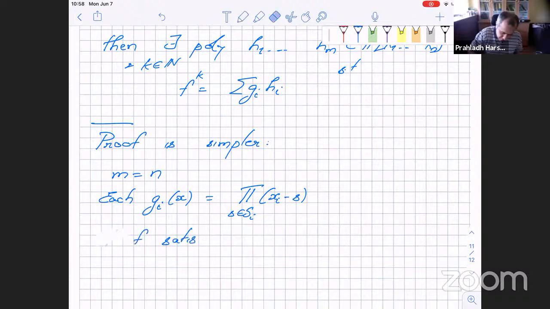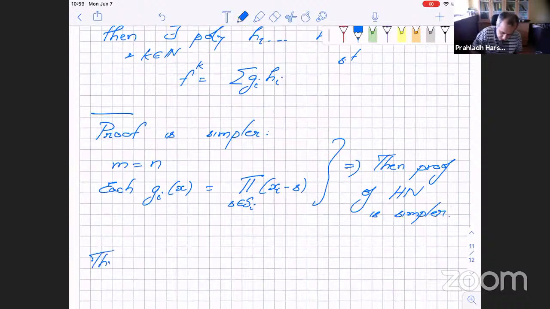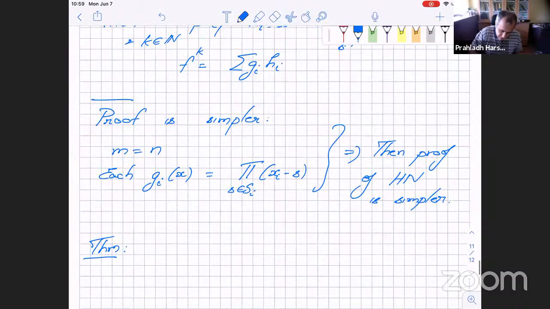So let's write this theorem. Then the proof of Hilbert's Null-Ansatz is simpler. And this is a theorem which we first prove now. I'll state that. And here I don't need algebraically closed or any such thing. So let F be any field.